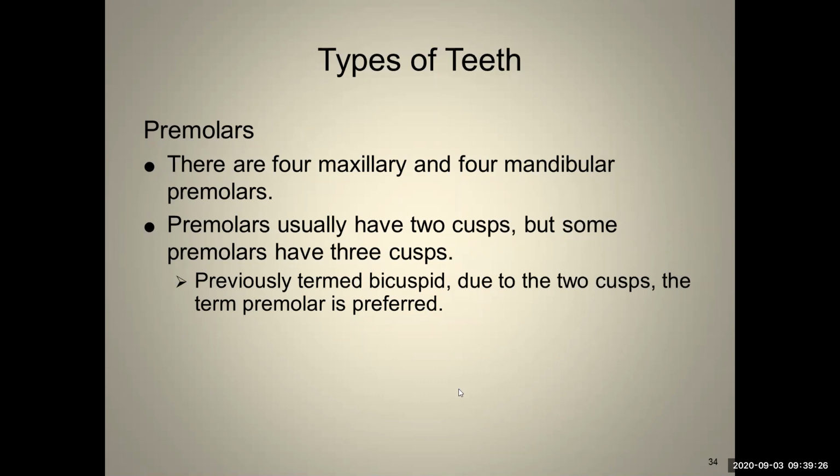So they're no longer called bicuspid because some people will have 3 cusped premolars. A premolar is the accurate term because if you have 3 cusps, it's not a bicuspid, it's a tricuspid. So we're calling them premolars.